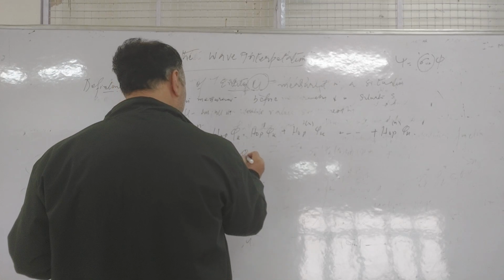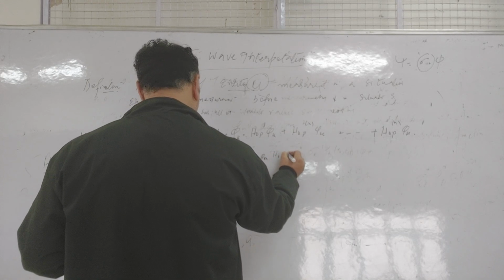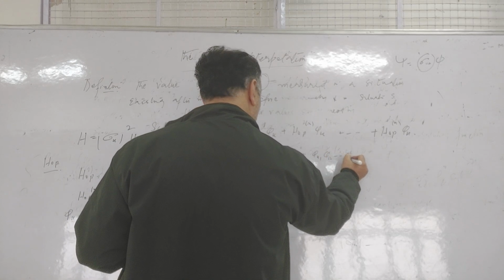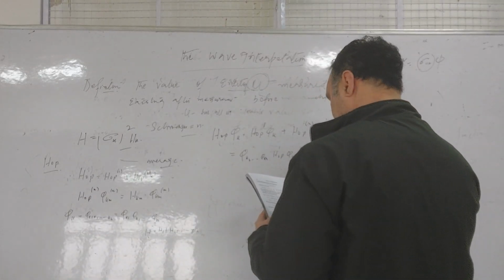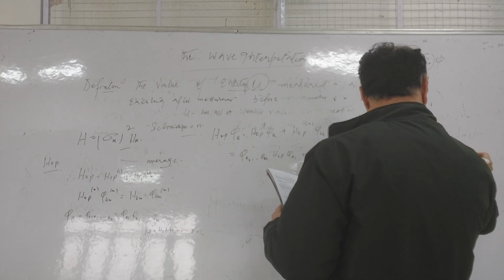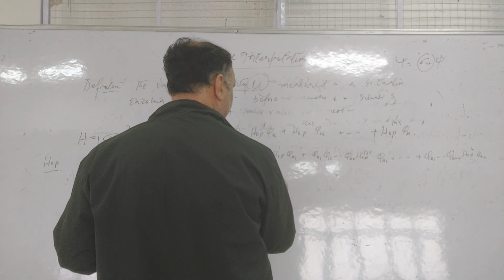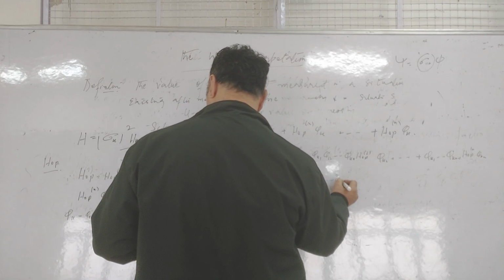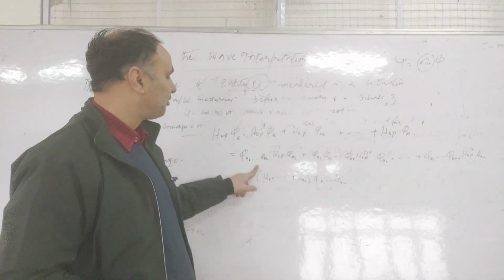So it's equivalent to phi of k1, k2, kn, H operating on phi k1, phi k2, phi kn, plus phi k1 H operating on phi k2, plus phi k1 phi kn minus 1, H operating on. So it's equivalent to Hk1 plus, you can have Hkn, and phi k1 and kn.